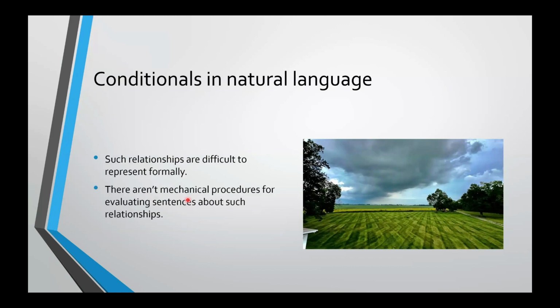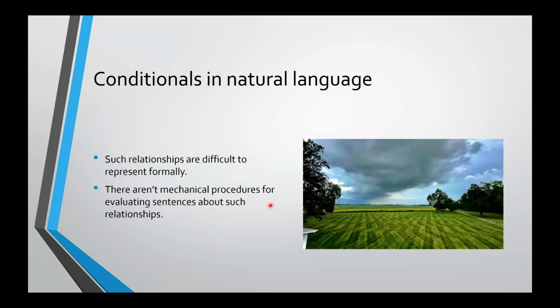The problem is that first of all, it's really, really difficult to represent these relationships formally. Your semantics ends up being extremely complicated. But the bigger problem is that logics like this are not decidable. You don't have mechanical procedures for determining whether sentences that contain these conditionals are true. With the truth functional logic, you do have this.